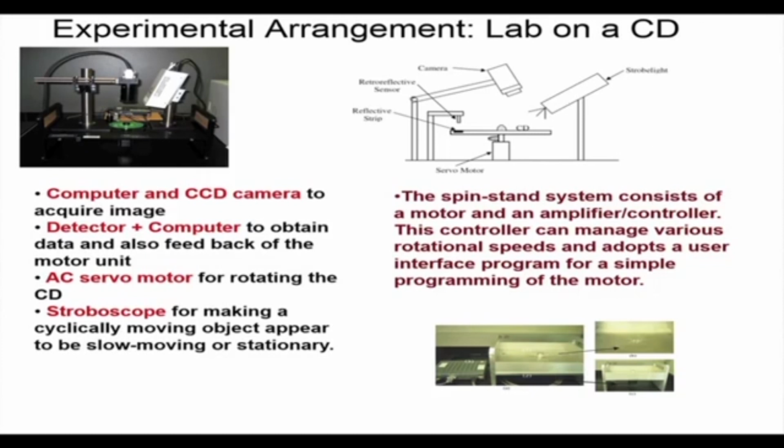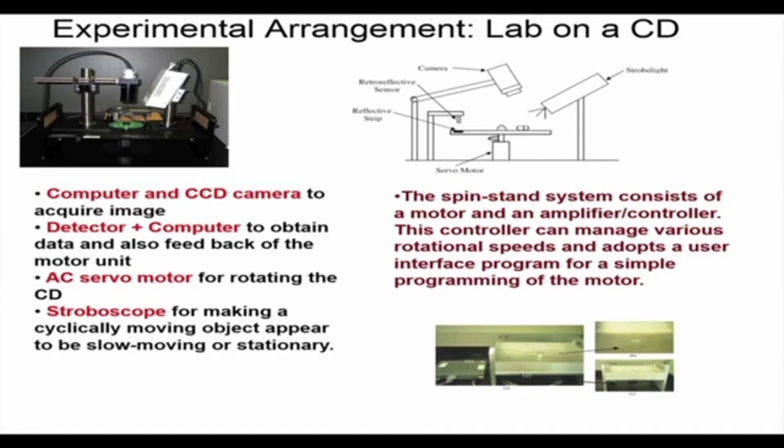a detector and computer to obtain the data and also feedback of the motor unit, an AC servo motor for rotating the CD. There is something, this is very important, there is something called a stroboscope. So what it does is basically there is a light, there is a reflective strip on a location of the CD where you want to see what flow is taking place.